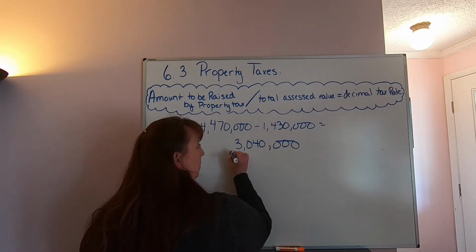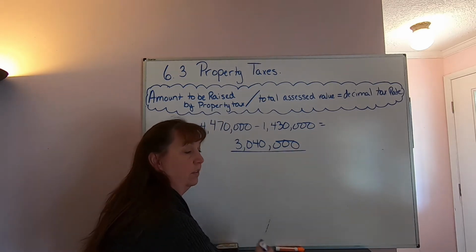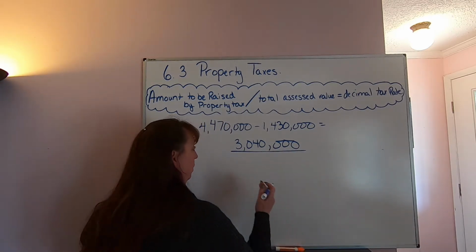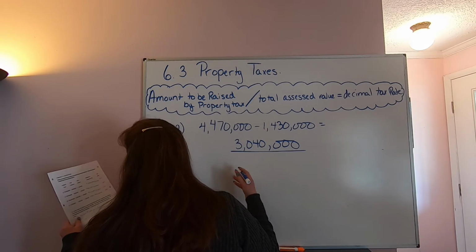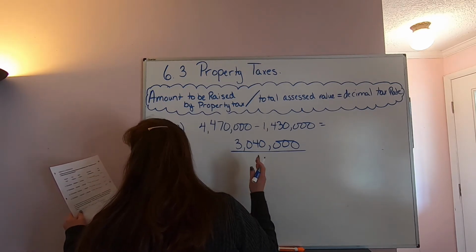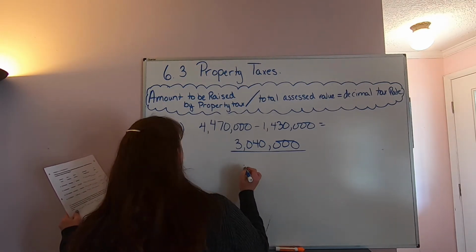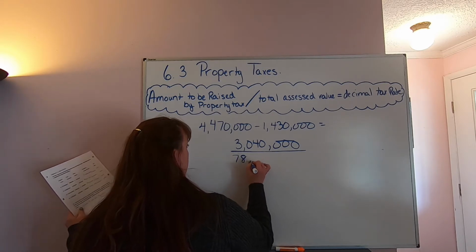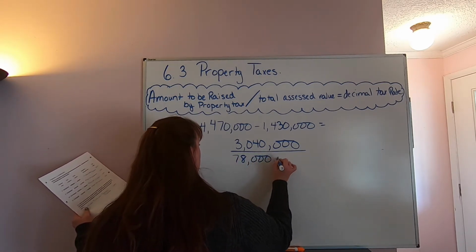We're going to divide that by the total assessed value of all the homes and farmlands and every business in that city, which was $78 million.